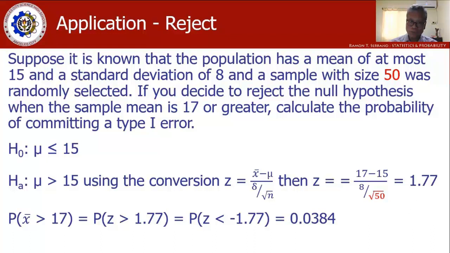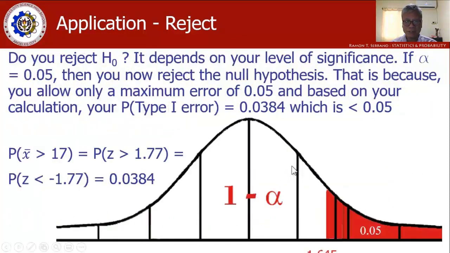Now, this time around, I have a 50 as my n, so I end up having 1.77 as my calculated value. And therefore, the probability that z is greater than 1.77, which is the same as z is less than negative 1.77, will give me only 3.84%. Since 3.84% is much less than 5%, which is my maximum allowable error, my alpha, I will now have a confidence to reject the null hypothesis.